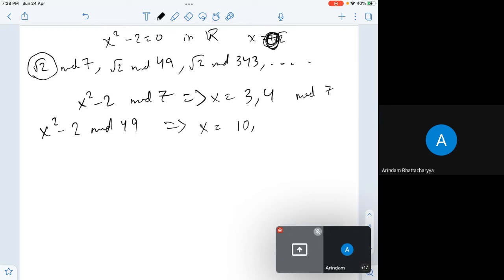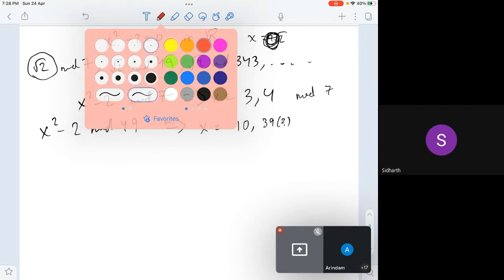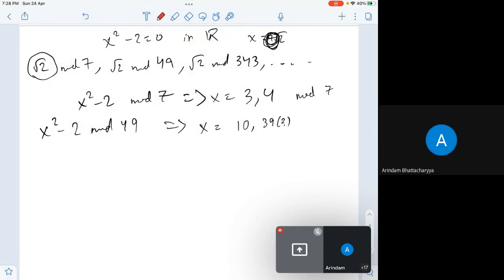The 10 works. 39, not sure, but probably works. Just one thing is that 10 is the extension of 3, and this is the extension of 4, right? Because 10 mod 7 is 3, and 10 mod 7 is 4.